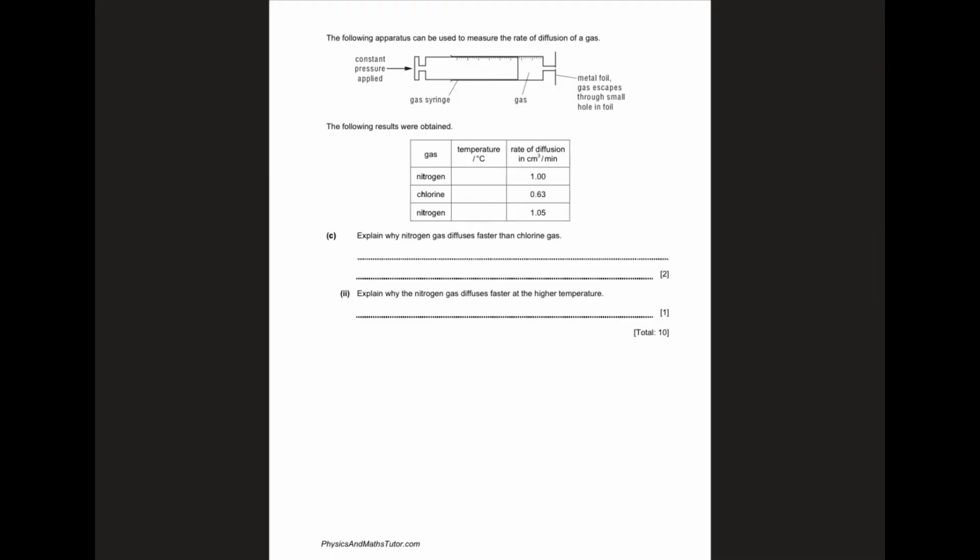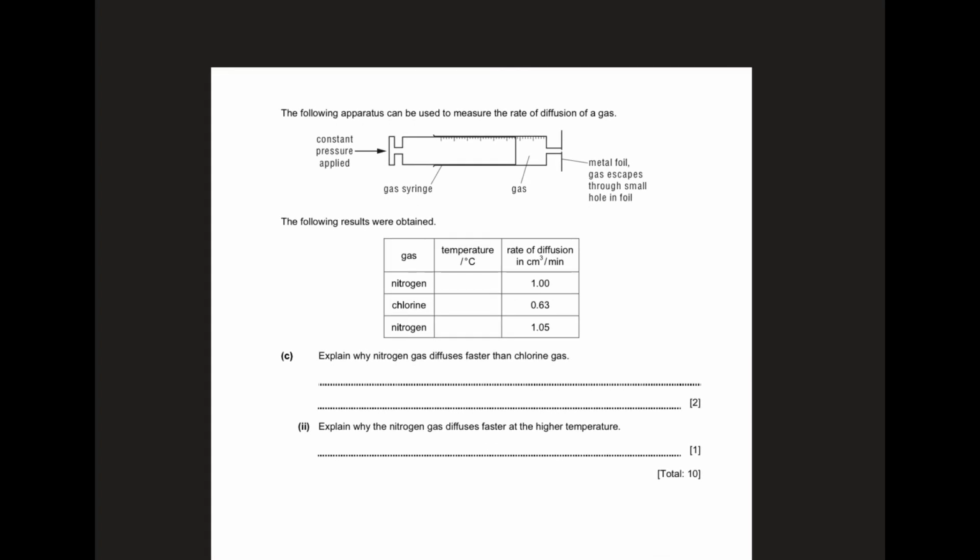The following apparatus can be used to measure the rate of diffusion of a gas. So you see the pictures here, you can see they say constant pressure applied. Okay, so they are pressing the piston of the gas syringe. So the gas is pressed. We have a metal foil in front.